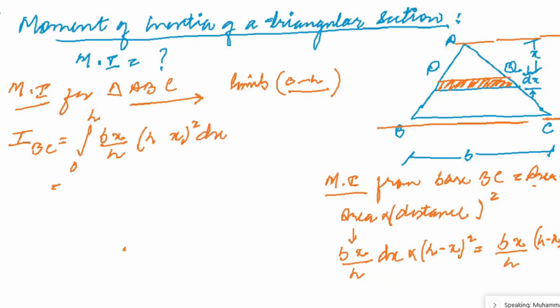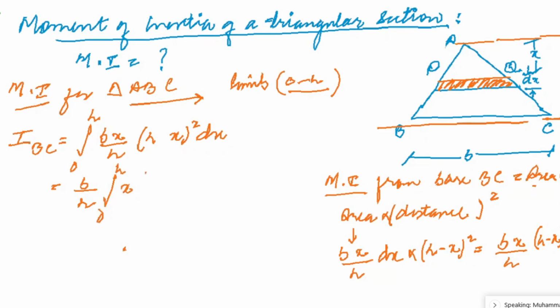Now we have to integrate it for the limits, with the variable x, because x goes from 0 to h. Therefore, b will be out, h will be out, and it will be the integral from 0 to h of x times (h minus x) squared.